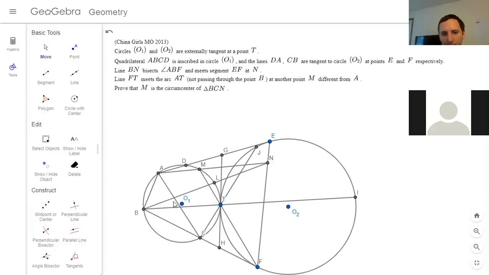That's kind of the same as showing angle BNC is half of angle BMC, and I think that's just an angle chase. So yeah, once we show that A, M, and N are collinear, I agree, it's an easy problem.